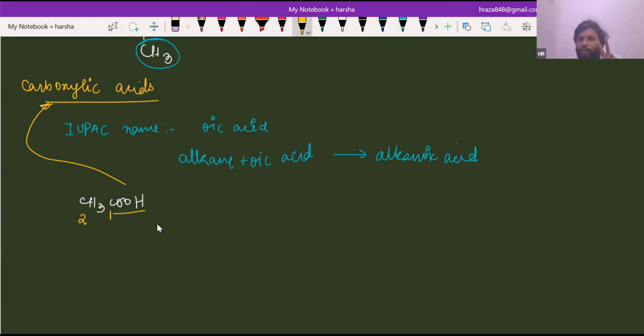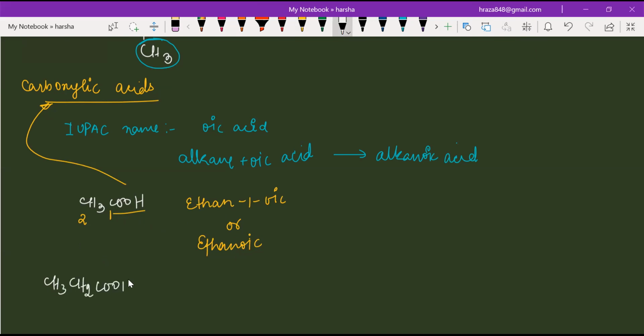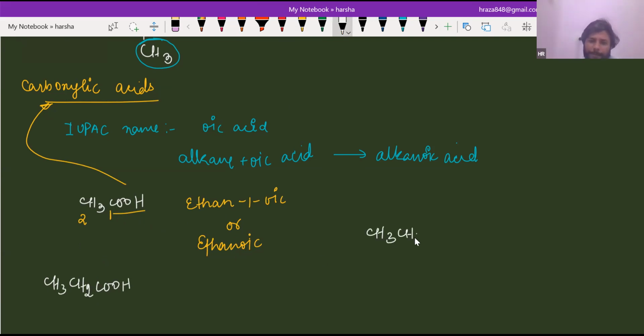How many carbons are present in the parent chain? 2 carbons, and for 2 carbons it is eth, and all are singly bonded, so the bond between carbons is single, that means ane. On the first position is the carboxylic acid, so we can write 1-oic acid, or directly write ethanoic acid. I think it's clear to all of you. Martin, Aman, Arshia, Hamna, Abdullah. Yes, sir. Please write the name of this as well as this.